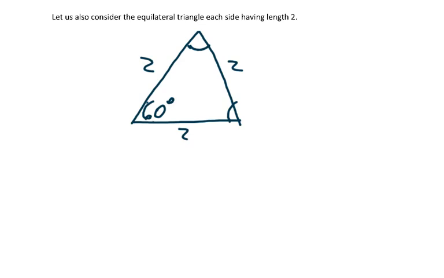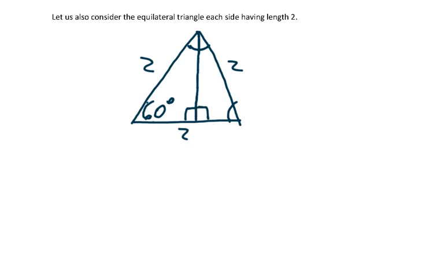So now, what I'm going to draw is the line from the top of the triangle to the base, but it's going to be perpendicular to the base. In other words, I'm drawing the line perpendicular to the base. So this angle and this angle too are each 90 degrees. All right, how does that help us?